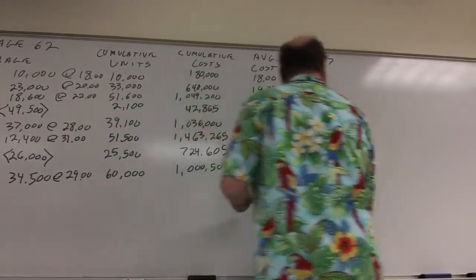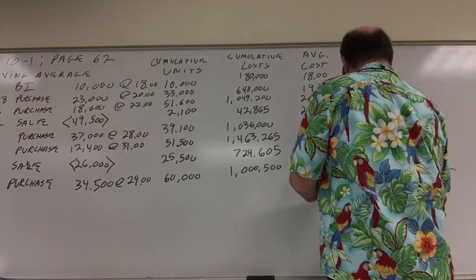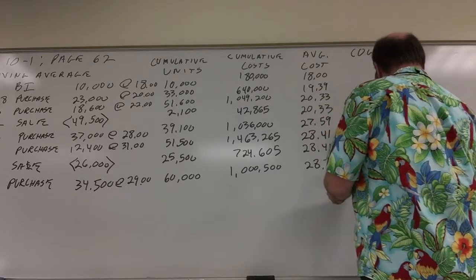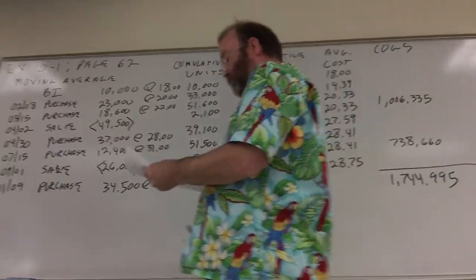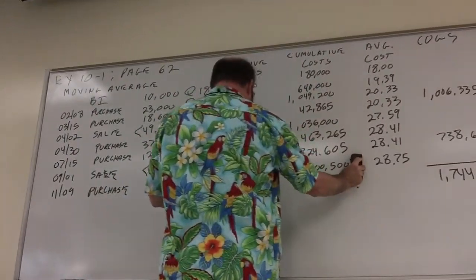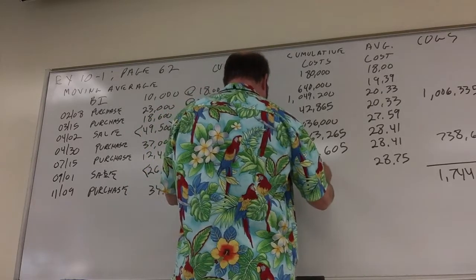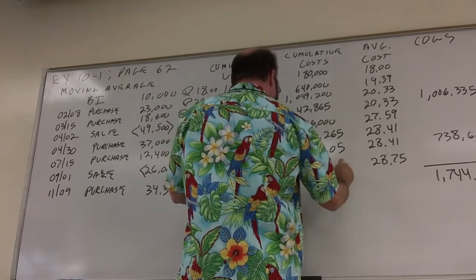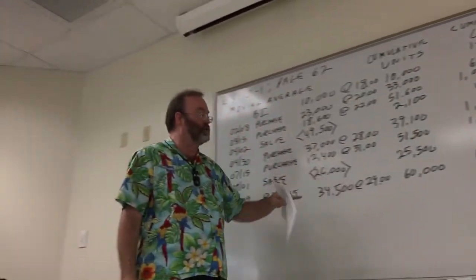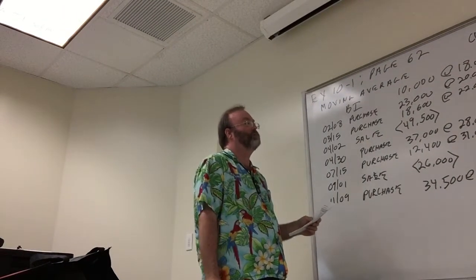Add up cost of goods sold, and you get a total of $1,744,995. In total, oops, sorry. Total ending inventory is not this. That's the purchase. Total ending inventory was $1,725,105. I'm sorry. Yeah, the 34,500 times $29 was the $1,000,000.